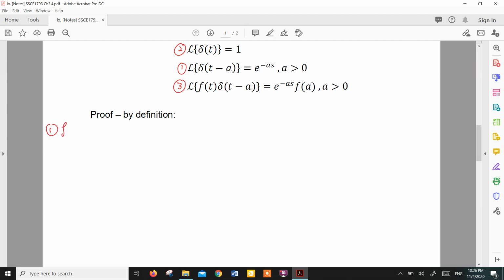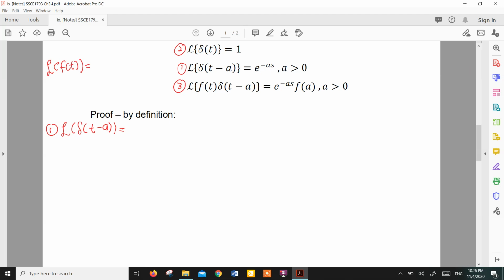The Laplace transform of delta(t minus a) is equal to, okay, so before I proceed with this one, let's recall the definition of the Laplace transform. So let's say you have a Laplace transform of f(t). What is the formula?